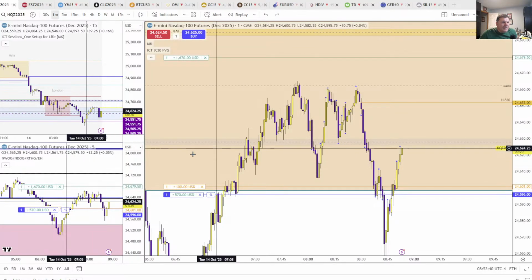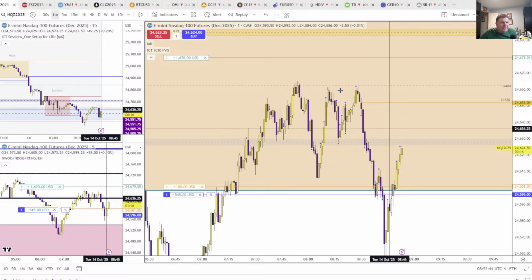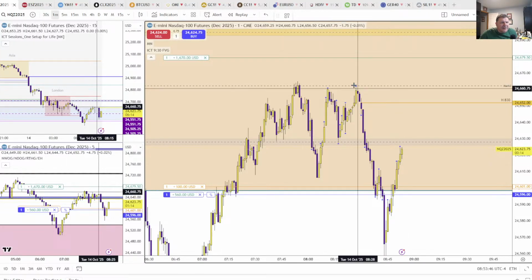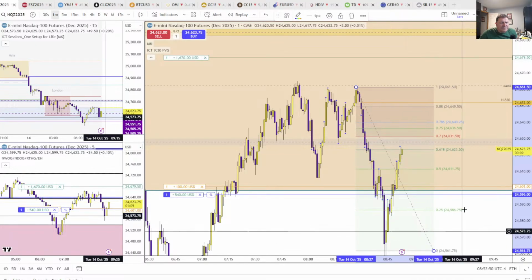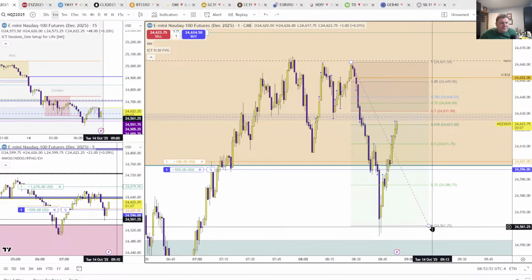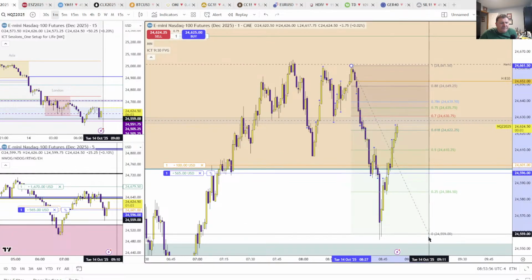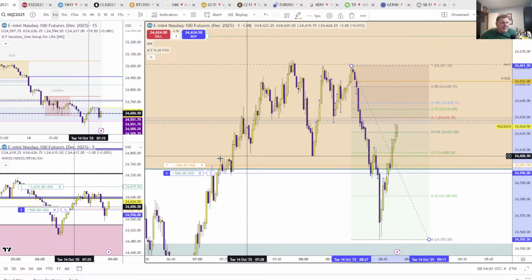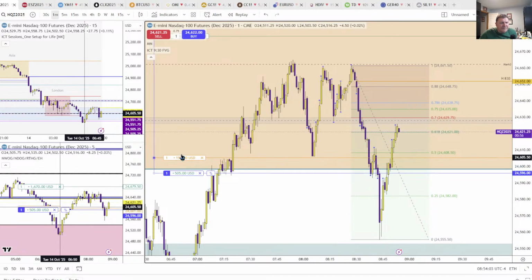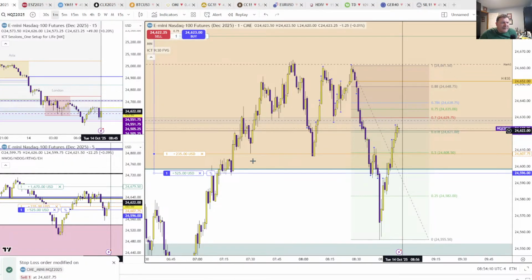So if you're doing a take profit model of 1, just take your fib tool from the high here to the low, and you can move this to 50. You pay yourself there.